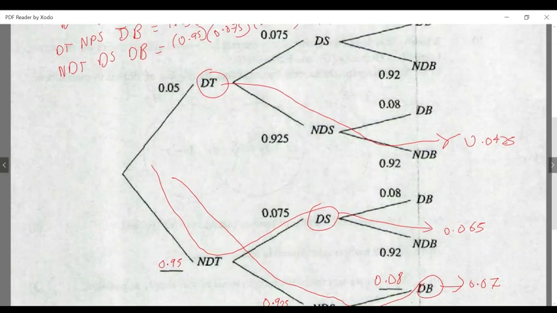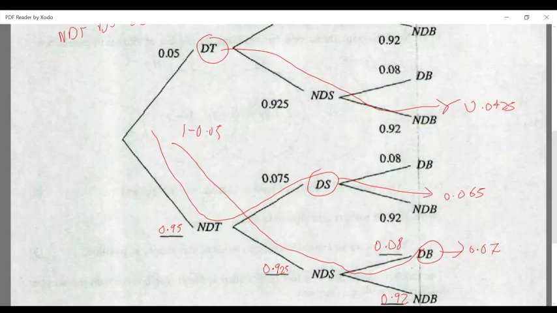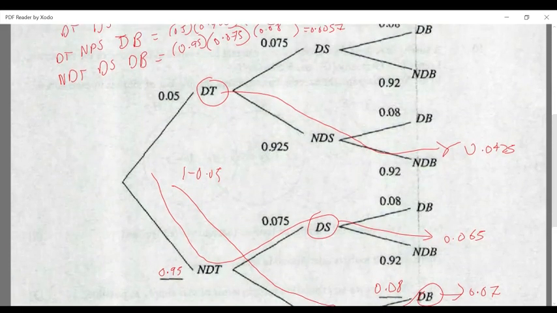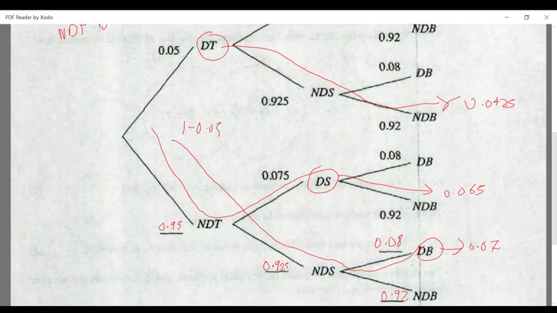Since the probability that it has defective tires is 0.05, the probability that it doesn't is 0.95, which is 1 minus 0.05. So then the probability that it will then have defective steering or not is 0.075 versus 1 minus 0.075, which is 0.925.